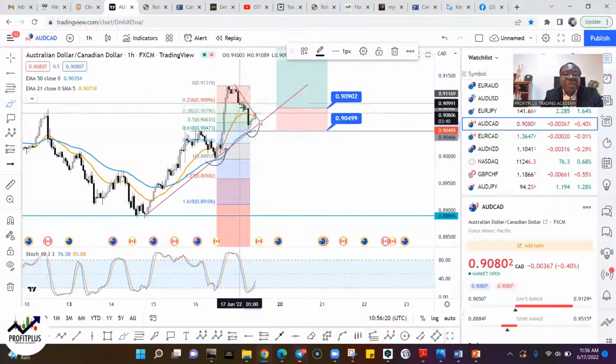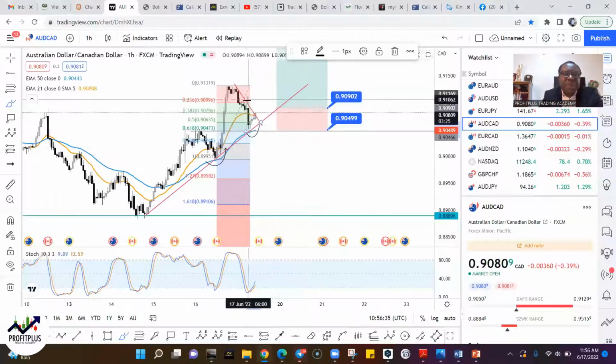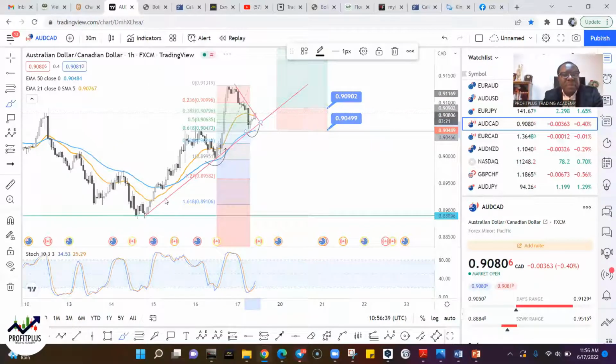And price successfully retraced in that zone. You can see a lot of factors I'm using to predict this price direction.